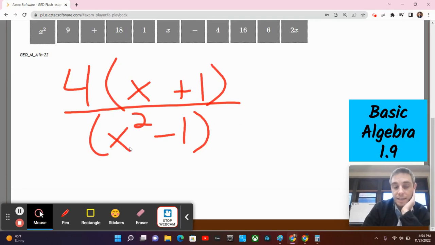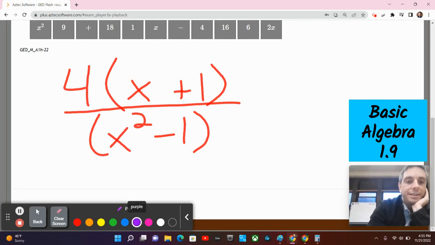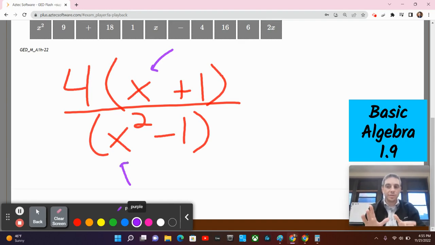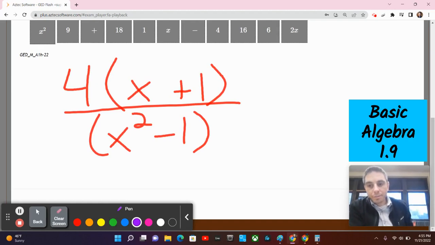And we actually end up needing to do more cancellation. But we're not allowed to cancel, say, this x with this x because both of those x's are locked in the parentheses. So we cannot cancel anything with that. Instead, we're going to have to pull out this strange skill in algebra called factoring.